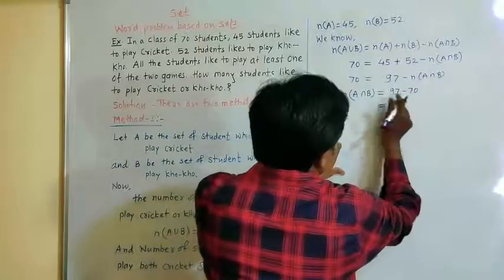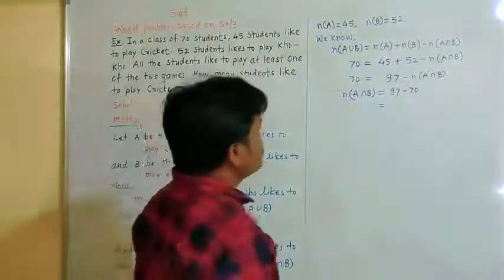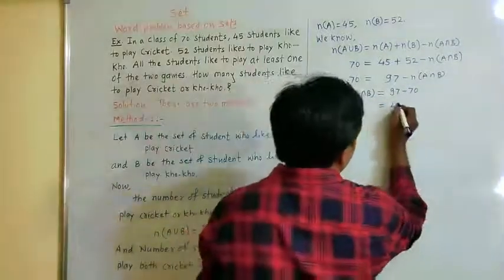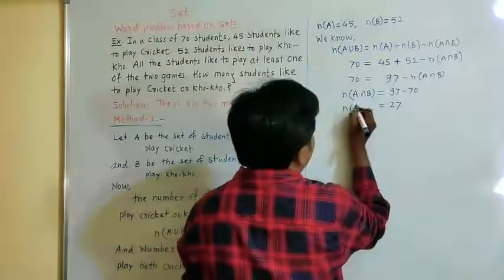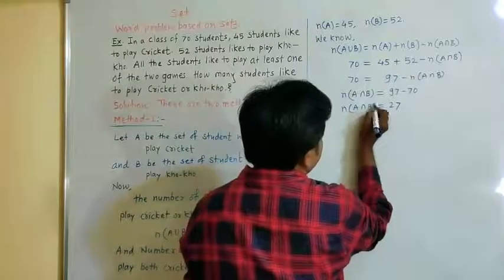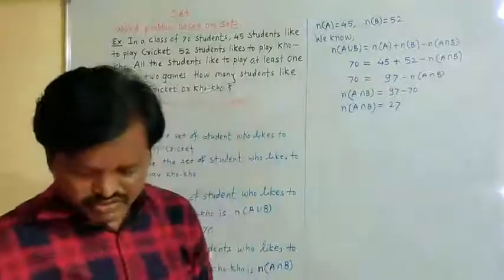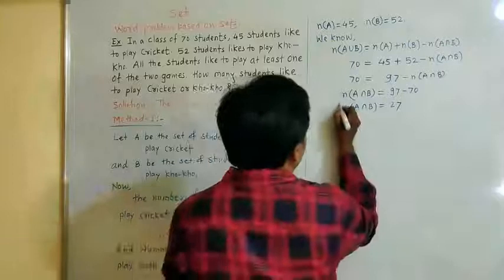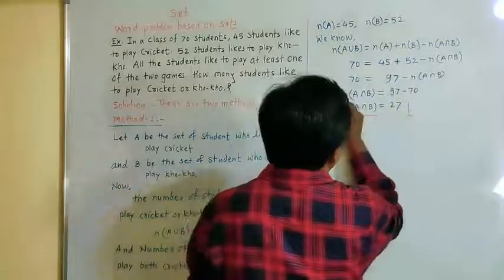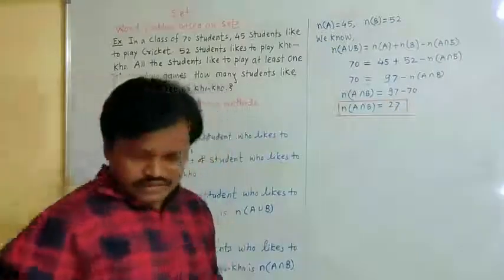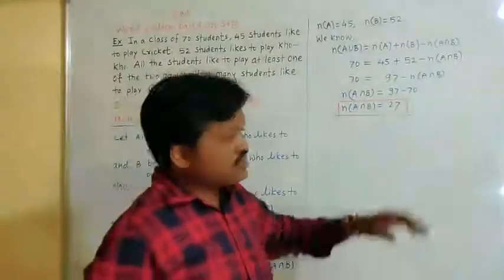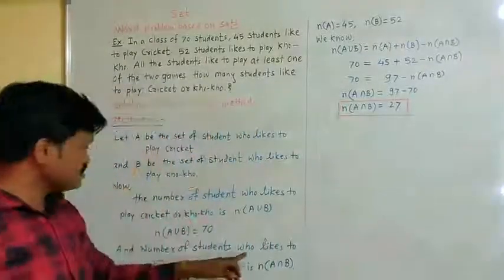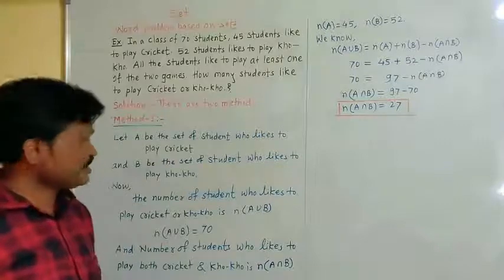So 97 minus 70, you get 27. So that is n of A intersection B. So what is 27? It is the number of students who like to play both cricket and Kho-Kho.